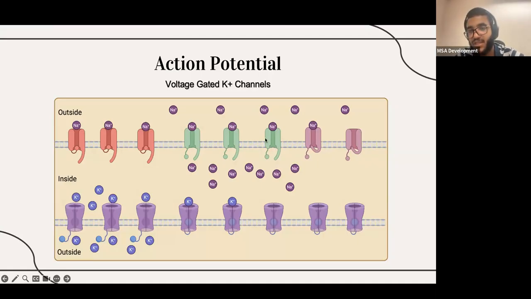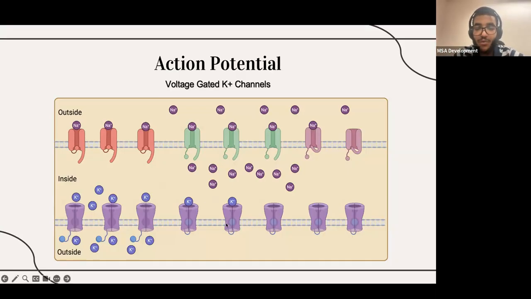At minus 70, which is the resting membrane potential, the activation gates are closed while the inactivation gates are just unlocked. Okay, so you have to know how the channel looks in each potential, which is minus 70, then at the threshold or the depolarization state, and then once it reaches the peak or plus 30.